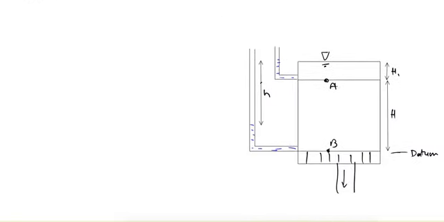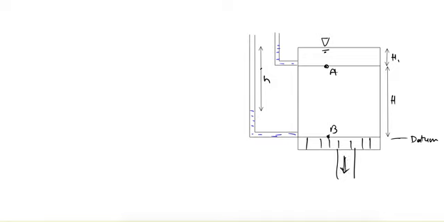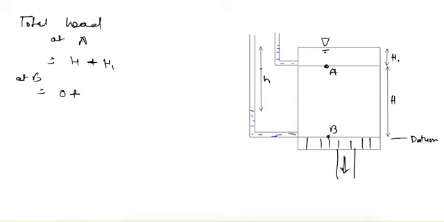Now we'll see when downward seepage is taking place, that means simply downward flow is taking place. So when downward flow is taking place, total head at A is equal to, from datum head H plus pressure head H1, and at B, datum head is 0, and pressure head, as we inserted a piezometer, the water rises up to here when flow is taking place downwards, because head will be lost during the flow.